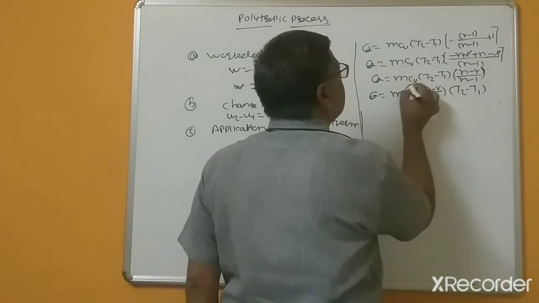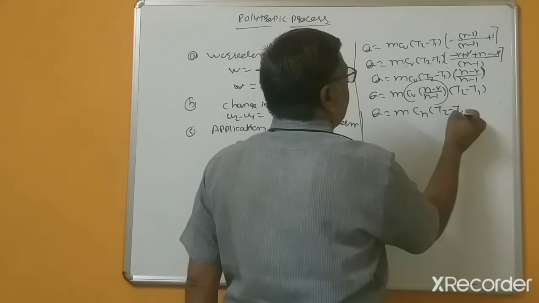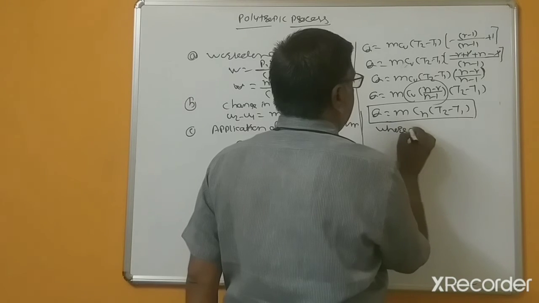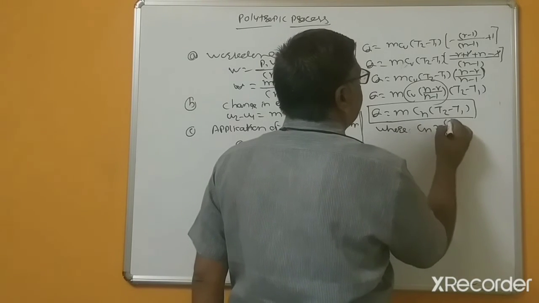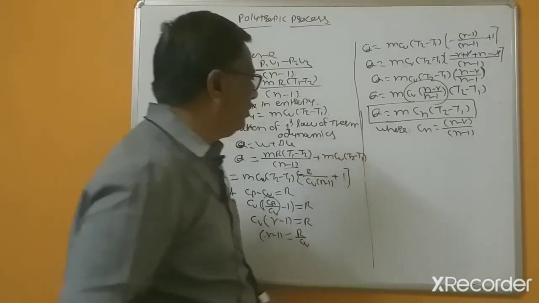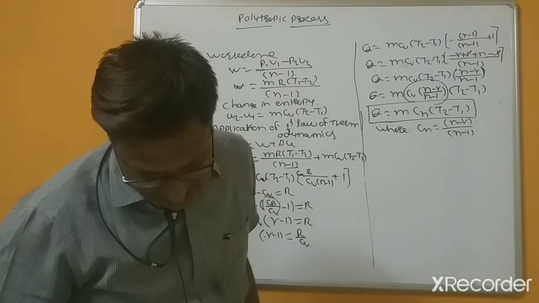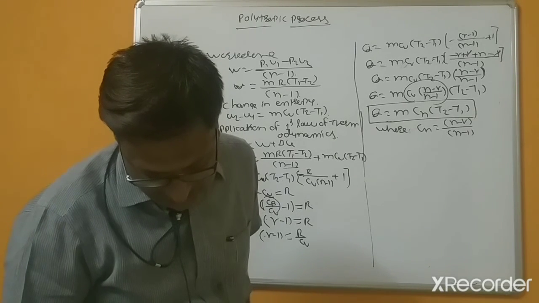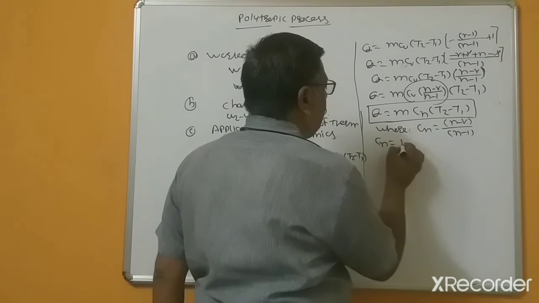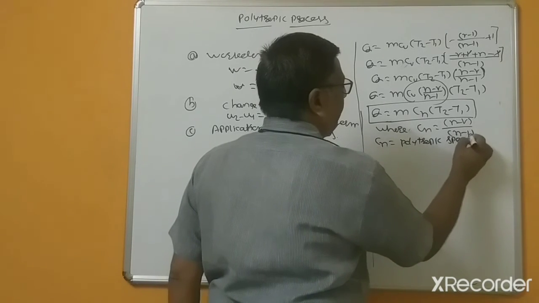Now these terms are called as Q equal to m Cn into (T2 minus T1), where Cn equal to (n minus gamma) divided by (n minus 1), and this Cn is called the polytropic specific heat.